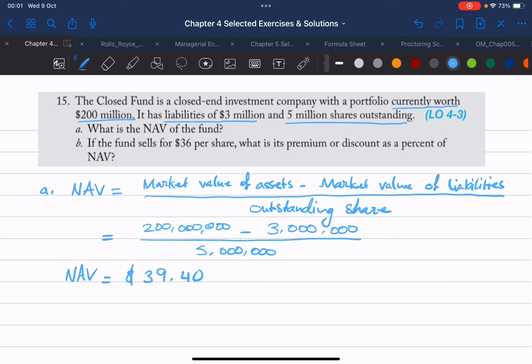And then for B, let's use another color. It says if the fund sells for $36 per share, so we can add that here, share price equals $36. What is its premium or discount as a percent of NAV?